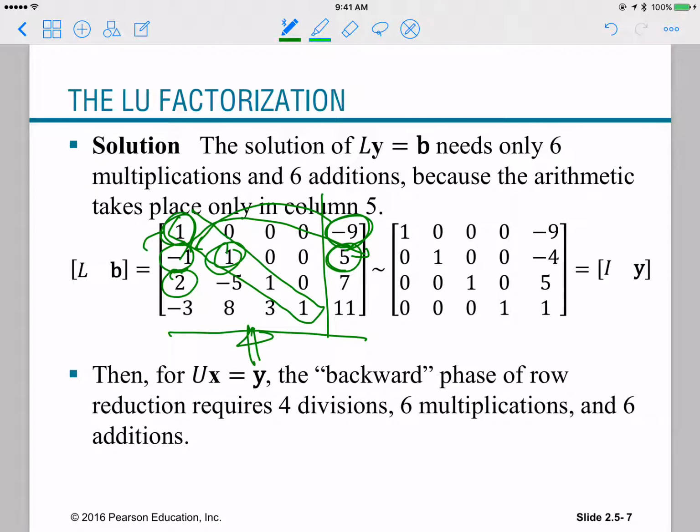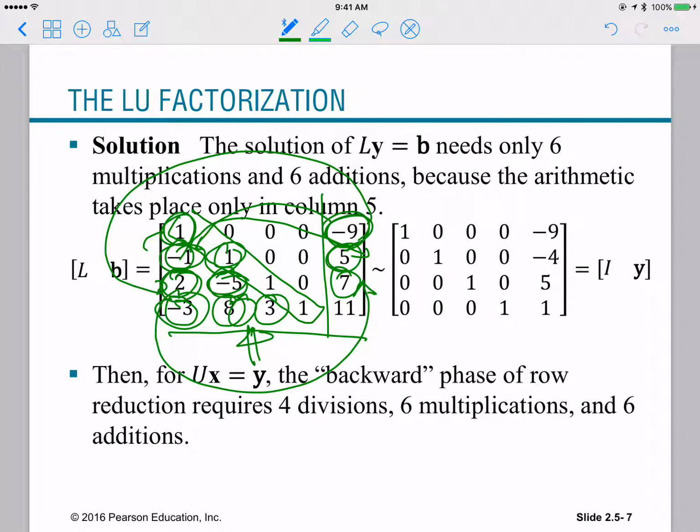And then what about this? It is plugged into here, 1 multiplication, and then subtracted from 7, 1 addition. Another multiplication and addition. Another and another one. So for each of these values, we have exactly 1 addition and 1 multiplication. In total, we have 6 elements, so we have 6 multiplications and 6 additions.